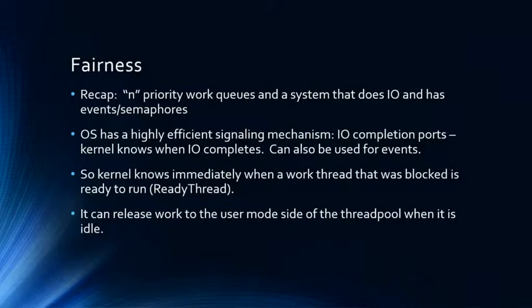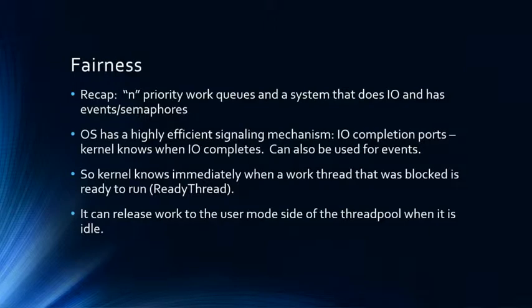The issue that we ran into is once you have work that's blocked, you eventually want to run that work when it unblocks, when events get signaled or I/O completes. We have a really highly efficient mechanism in the OS called I/O completion ports.